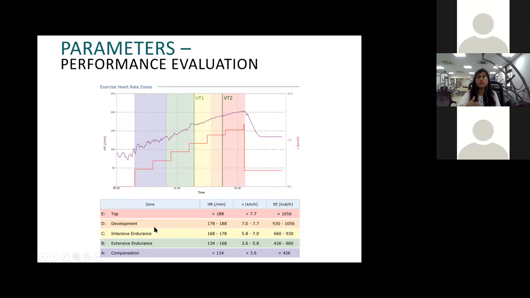To improve a person's VO2 max, for high intensity training, or to improve overall performance, it is given in the D and E zones. So when we are doing a VO2 max test, because it is live monitoring of everything, it will give specific values of heart rate at which the training could be done.